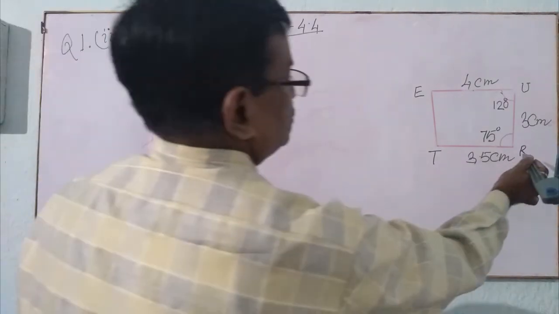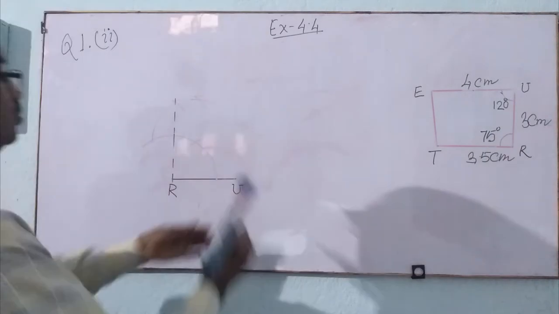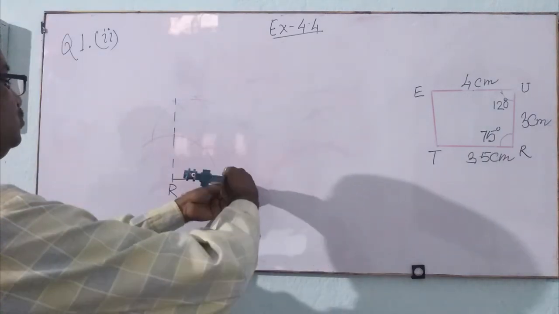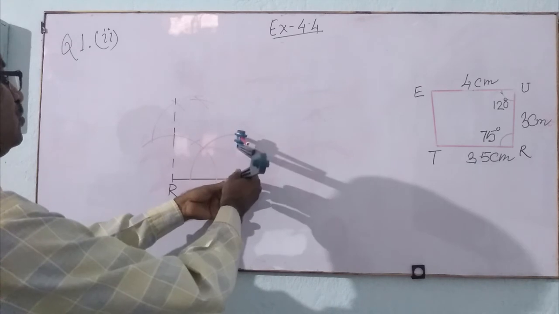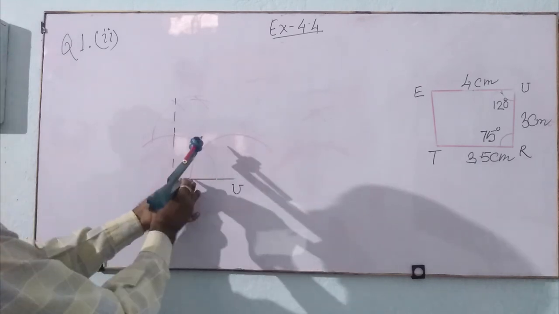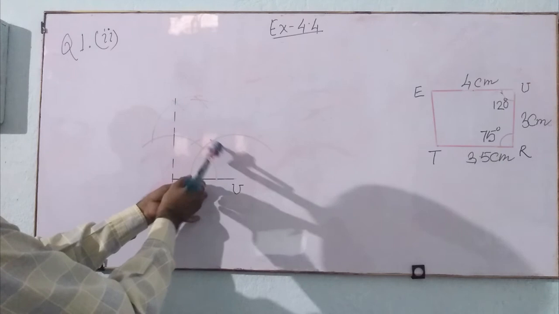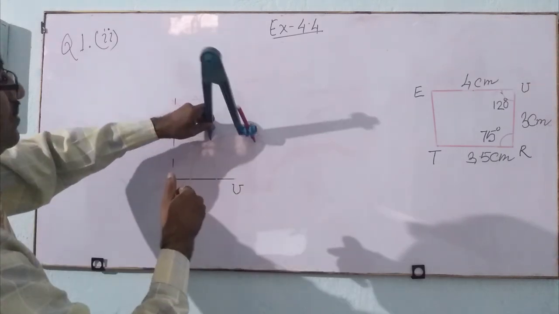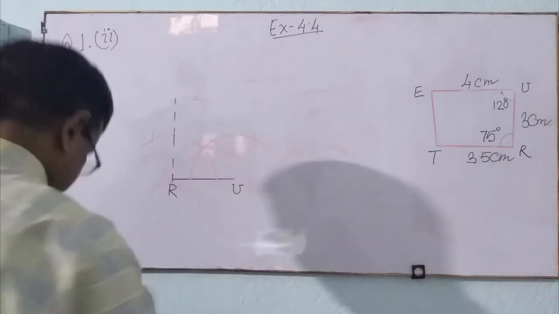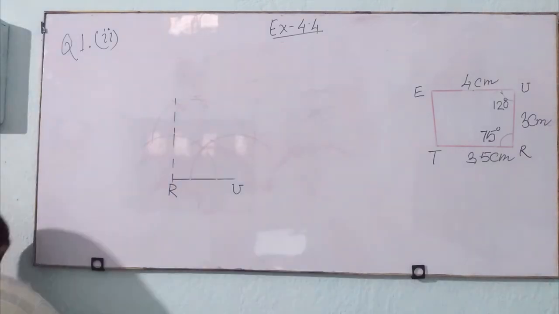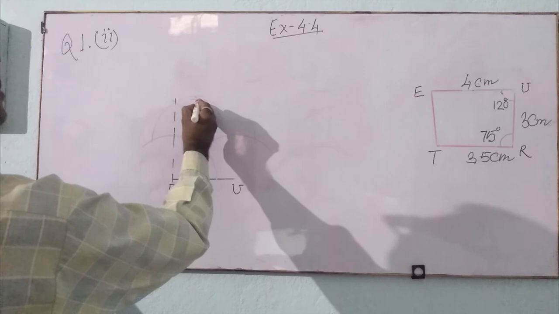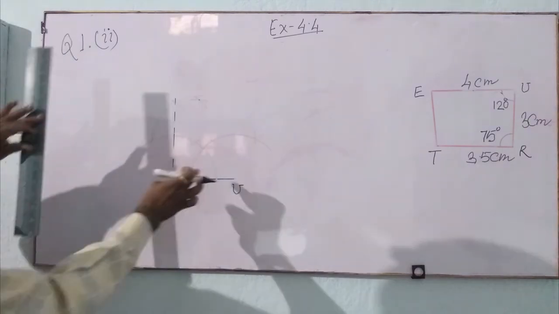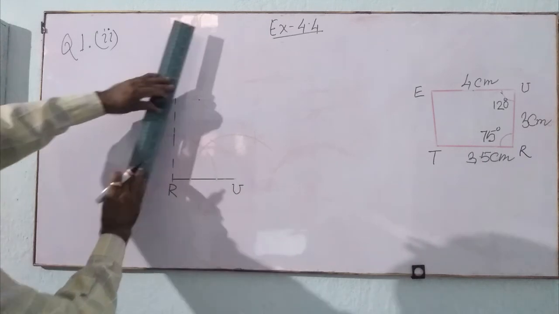At point U put your compass, draw an arc and take two cuts, one for 60 degree and another for 120 degree. Then this is the point for 75 degree. From this side you have to measure 75 degree.